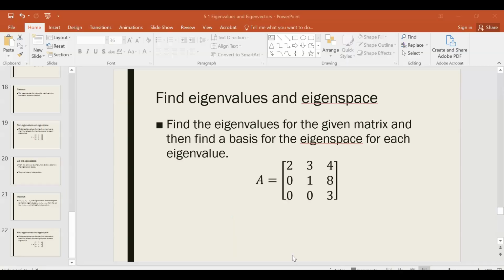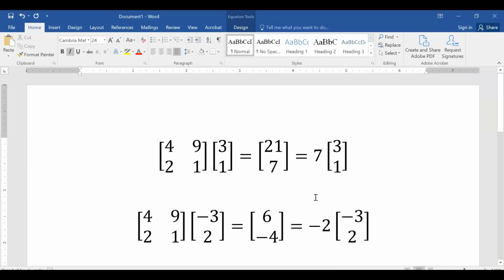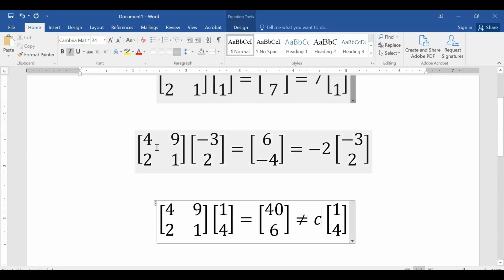Now, obviously I just did the matrix times 3, 1. Now let's multiply the matrix times the vector negative 3, 2. When you do that, 4 times negative 3 plus 9 times 2 gives you a positive 6. 2 times negative 3 plus 1 times 2 gives you a negative 4.